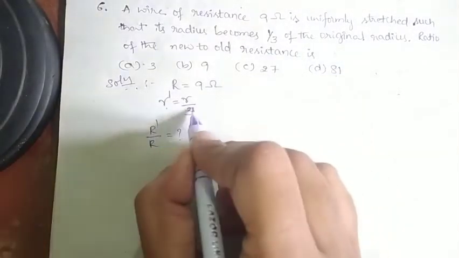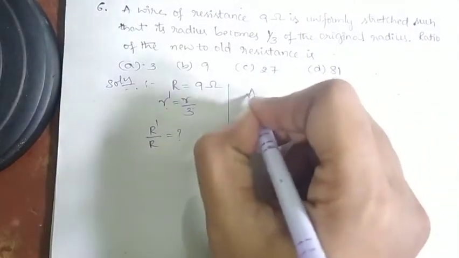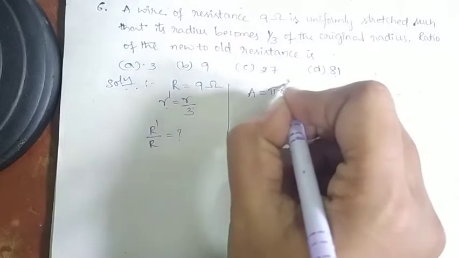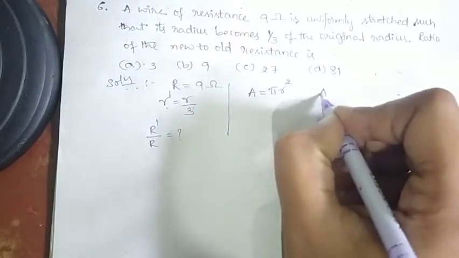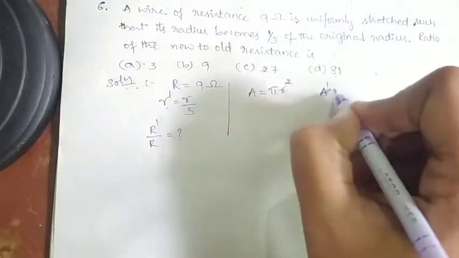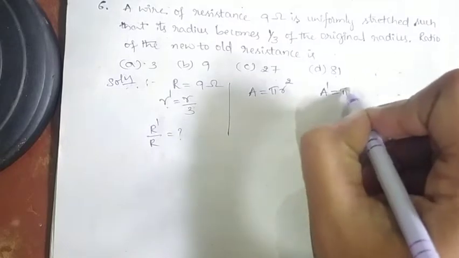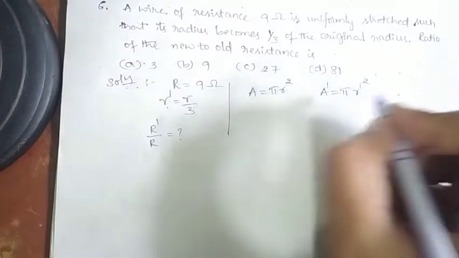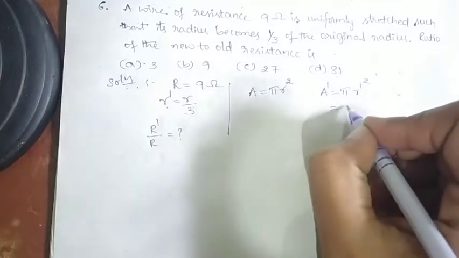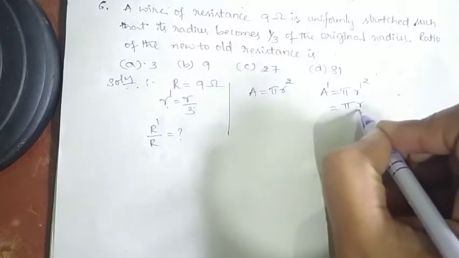Now, if the radius is given, the wire has area of cross section pi r square. For the new wire, the area will be A dash, equal to pi r dash square, where r dash will be r by 3, with pi as it is.